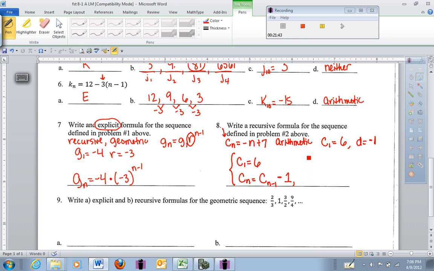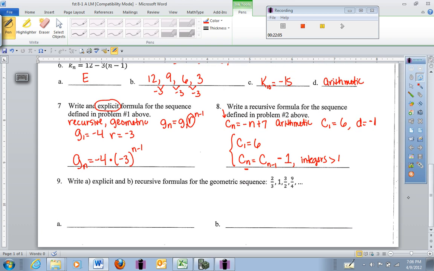And then I always say out here on the end, this is for integers that are greater than 1. We're talking about the n standing in for the term number, and term numbers need to be integers, and in this case it needs to be greater than 1. We're not going to talk about negative terms on this.